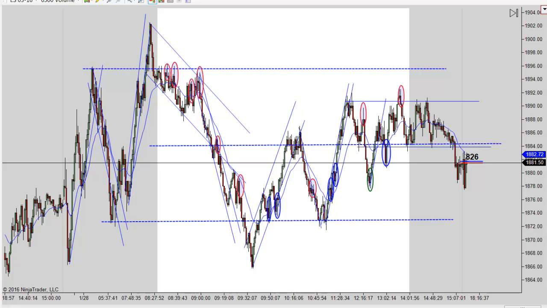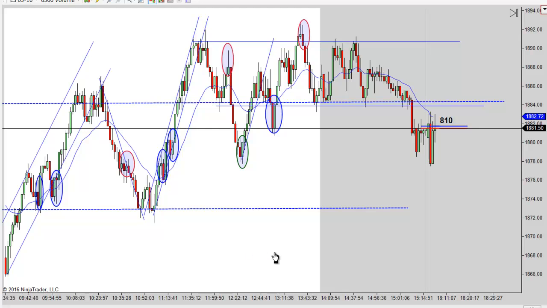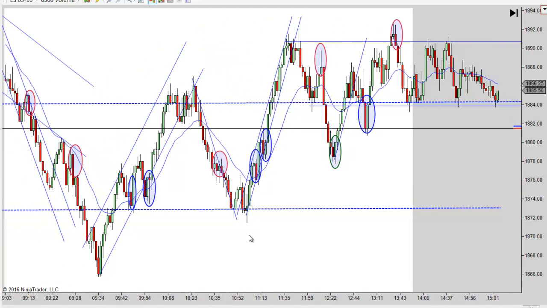And the other thing somebody asked me today was, well, you don't always get a second entry. When do you take first entries? Well, it's hard to say when you take them because it depends on the big picture. But generally, on a move like this you don't get any second entries. You only get first entries because it's a real tight channel, and it's a real strong trend. So there's not a lot of second entries, and so you got to take what it'll give you.